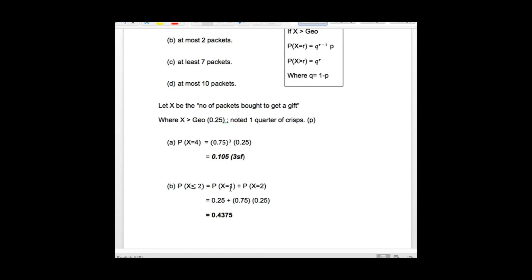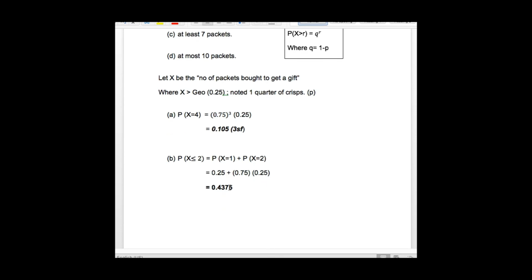We take the data here. If S equals 1, just straight away take p, 0.25, plus 0.25 multiplied by 0.75, which we get from 1 minus p, which is 1 minus 0.25, becoming 0.75. Then the answer is 0.4375.